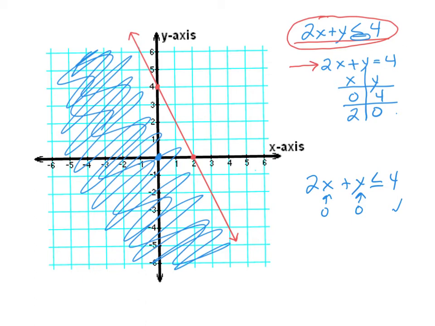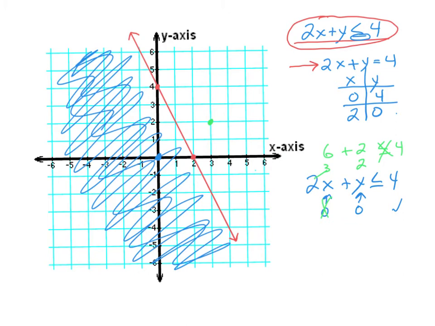Now, let's just check that by taking a point that's on the other side of that line. So I will just try the point (3, 2). If x is equal to 3 this time, and y is equal to 2, 2 times 3 gives me 6, 6 plus 2 gives me 8, and 8 is not less than or equal to 4.